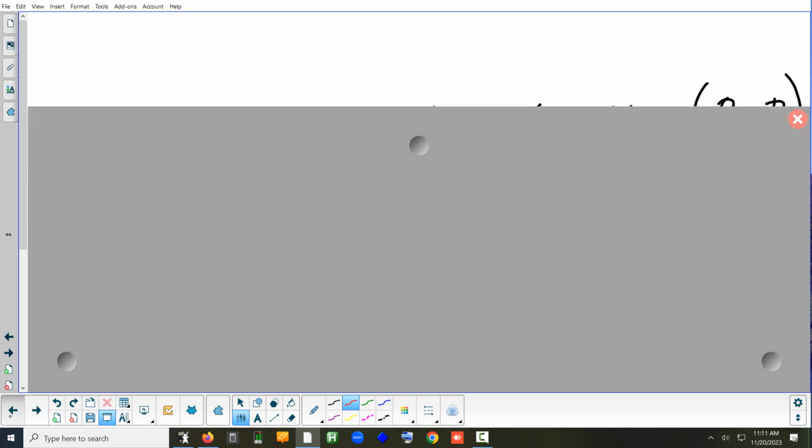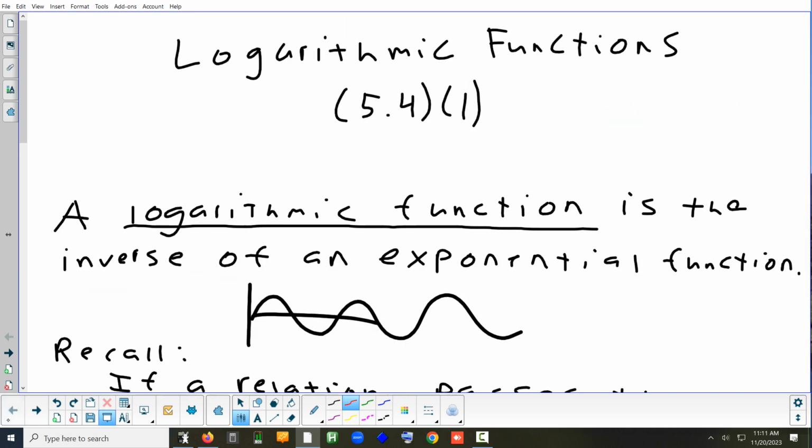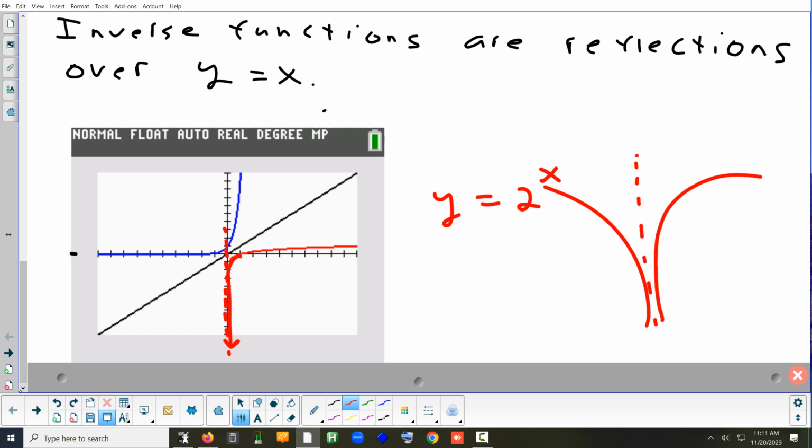Let's go back to the picture of the log for a second. Look at the graph in red. Does it go left and right forever? No, it stops. Where does it stop on the left side? About at 0.